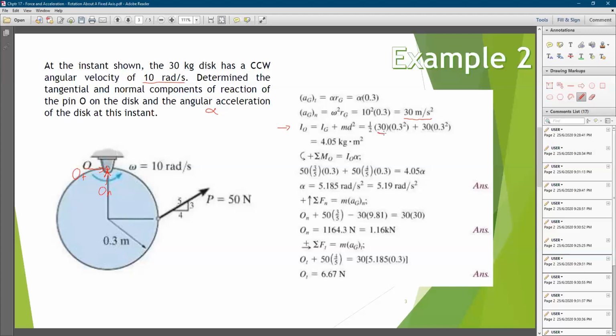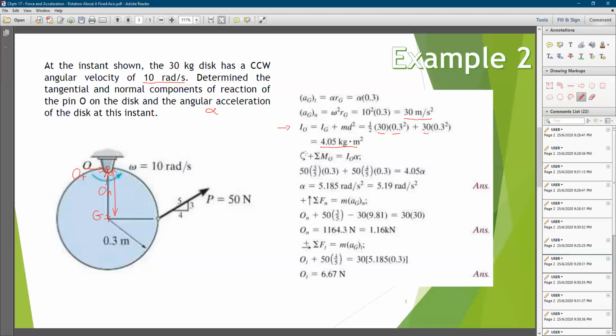M is 30 kg, r is the radius of this circle, and d is the distance from the center of mass to point O, which is 0.3. Then you will get the mass moment of inertia of the disc about point O.